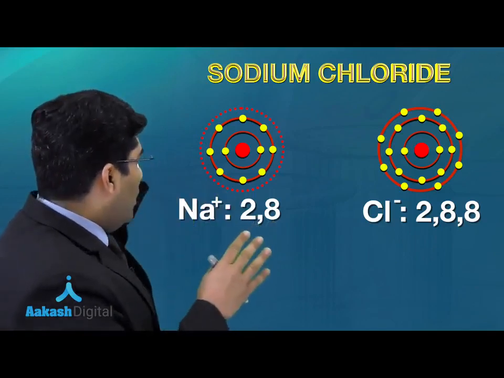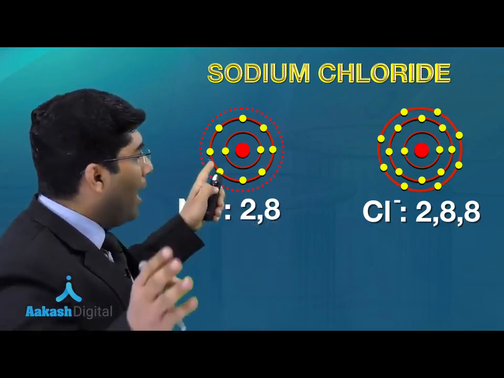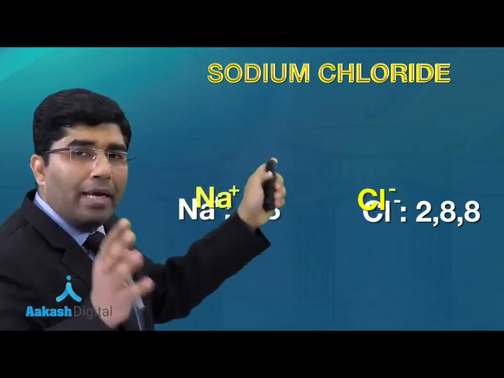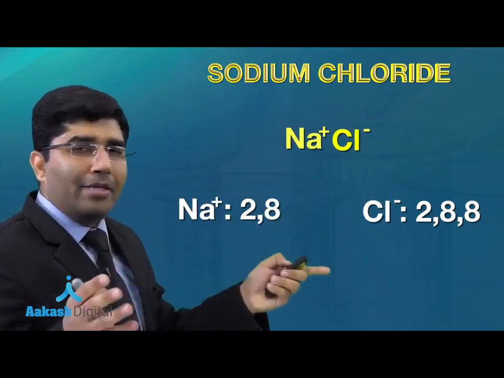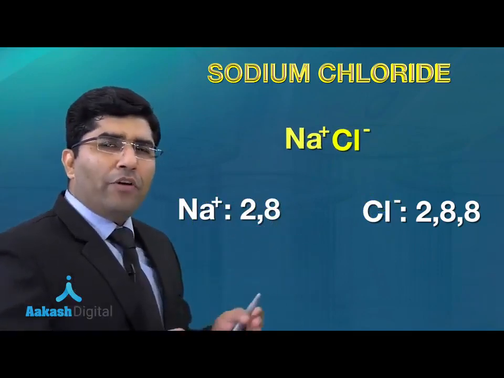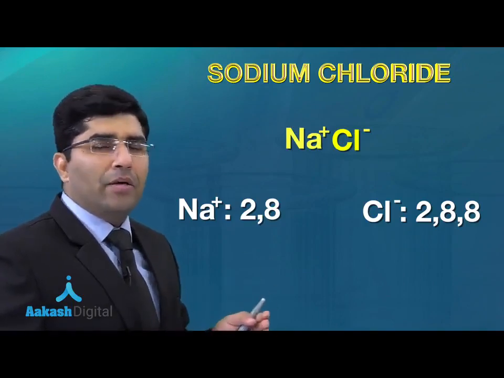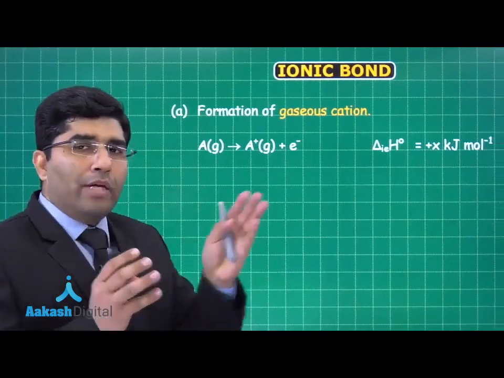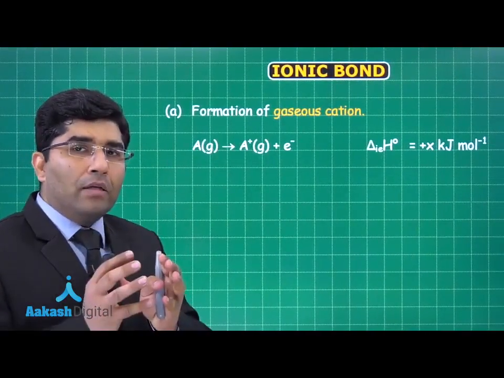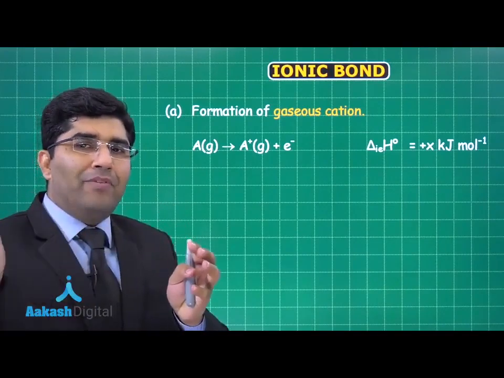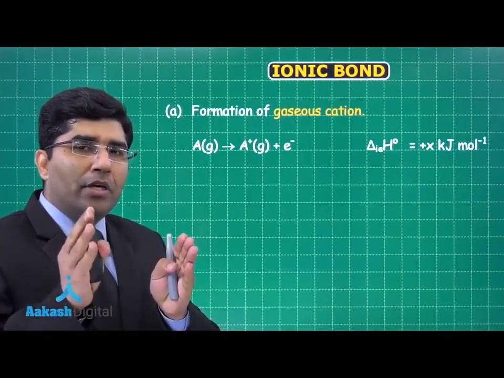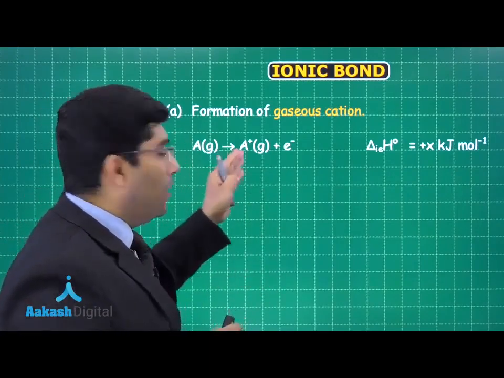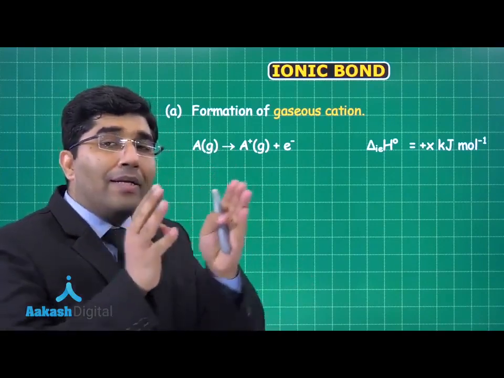So that's how sodium loses the electron and chlorine gains the electron, and after losing and gaining they combine to form NaCl. Now let's discuss what type of energy changes take place in this process. First of all, the metal loses the electron. We have discussed ionization energy in the previous chapter: it is the energy required to convert a gaseous metal atom into a metal cation.